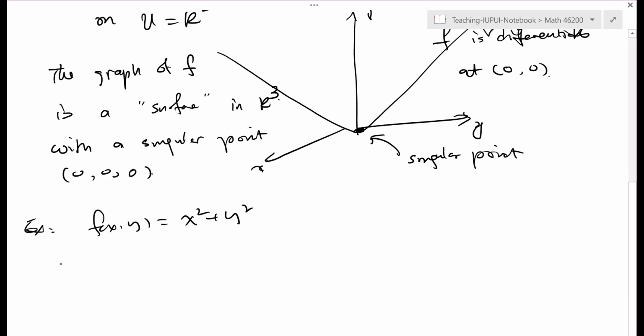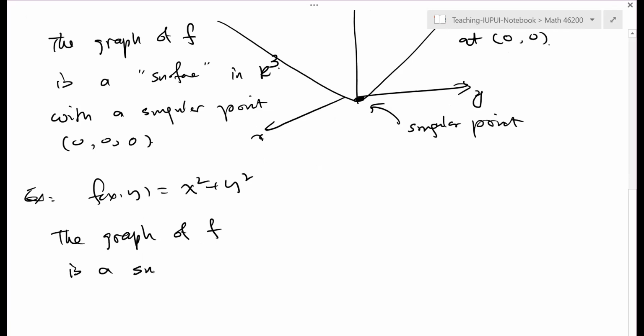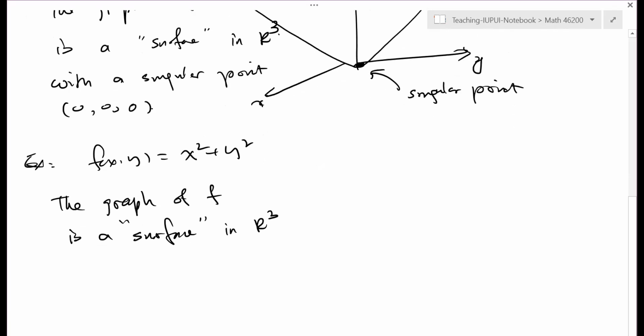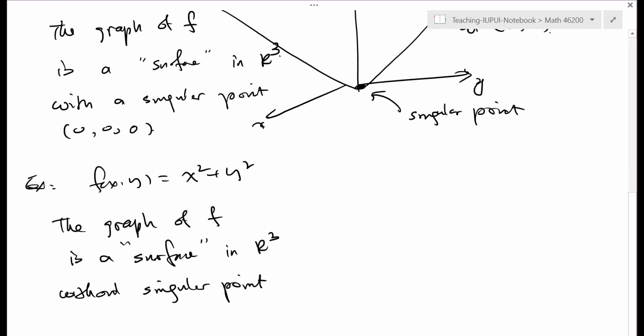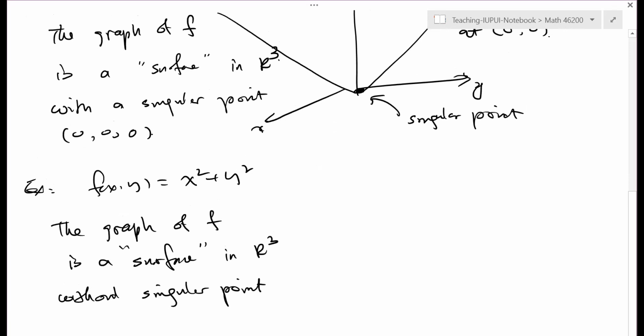Now the graph of this function is a surface in R3, and it's smooth everywhere, without singular points. We are going to study surfaces without singular points, and if there's a singular point, you have to delete it.